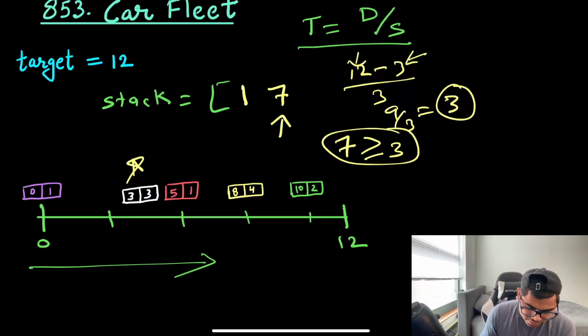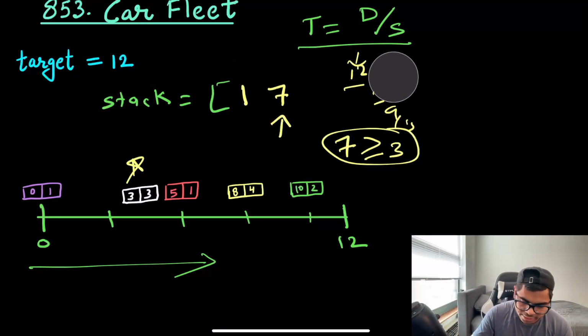So now I will not append 3 to my stack, because now I can go by just this fleet in the front, which is right here, that can just represent both of these together. All right, at the end I will be returning the length of my stack.